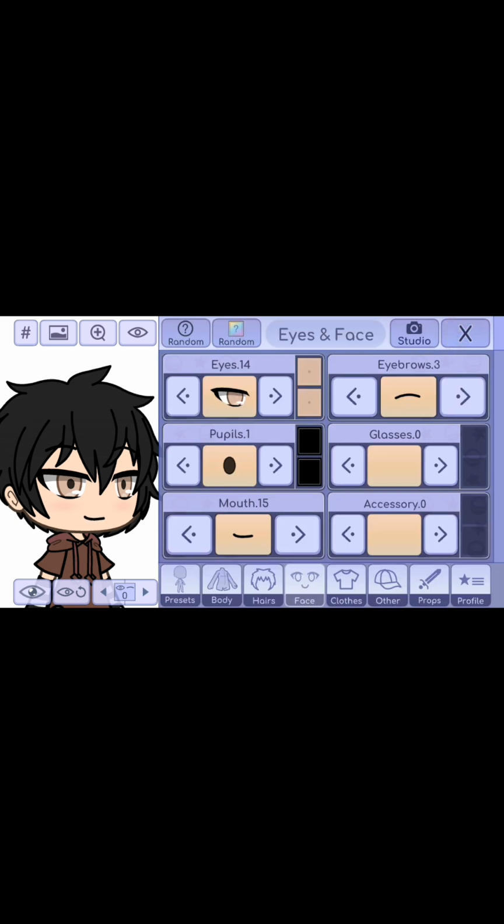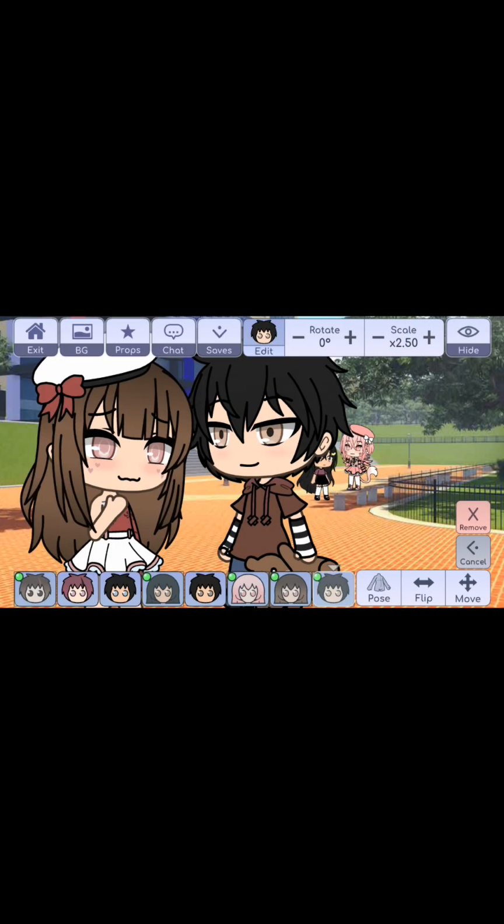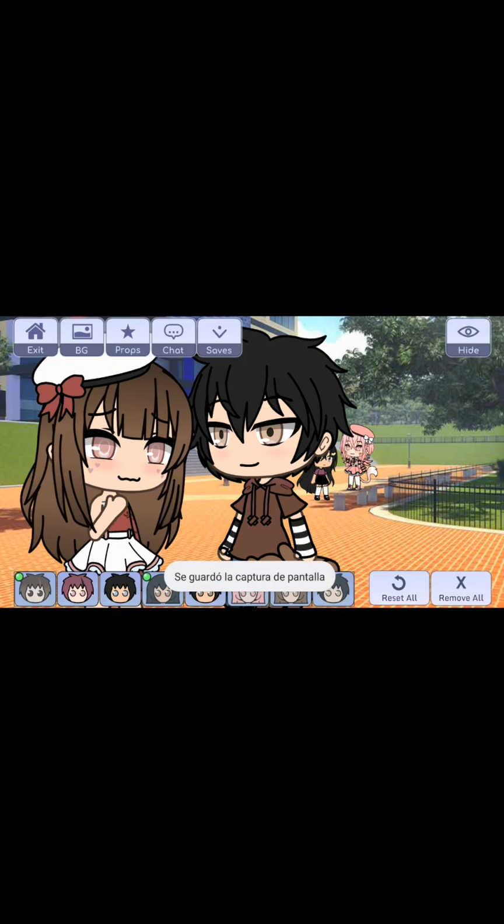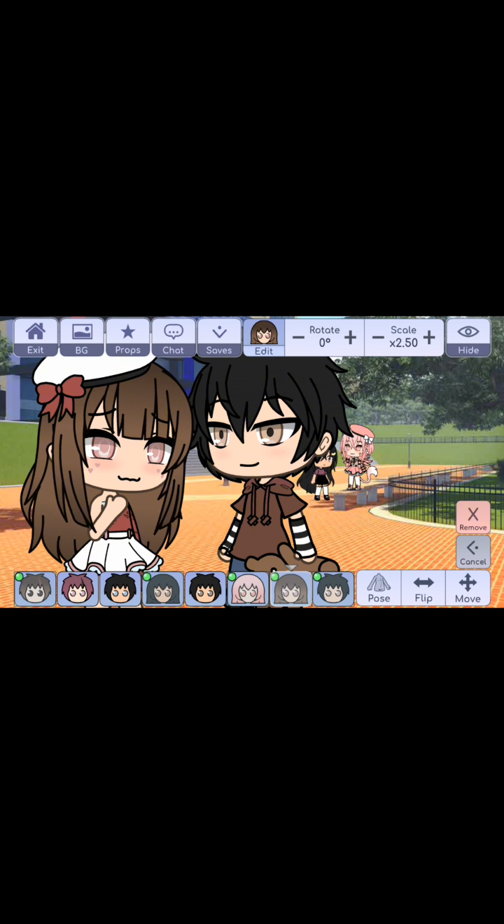Or if you are going to add more, you have to add little by little, or you might have to use the same screenshot and do the same one with a lot more blush, and make the one with a little blush and the one with a lot of blush blend in.